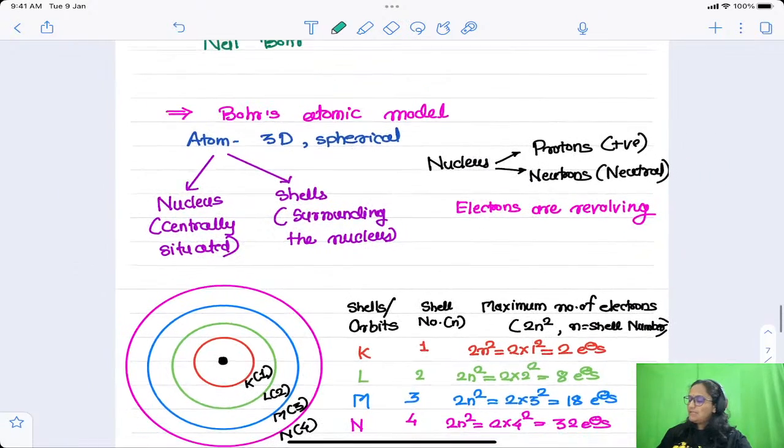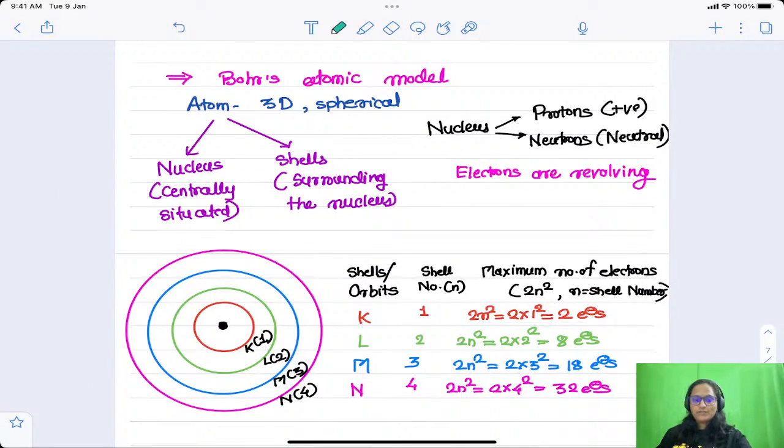Now take a screenshot of these 3 pages first of all. These are very, very important pages. If you understand this concept of Bohr's atomic model, you will be able to understand each and every concept in the chapter, structure of atom. Take a screenshot fast. You will never get this kind of explanation in any book.